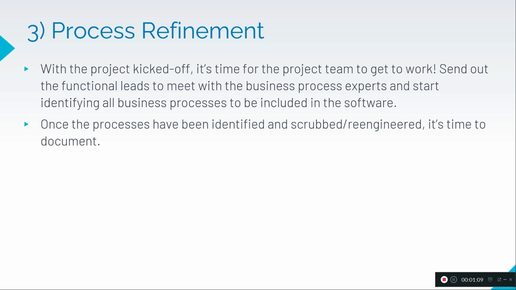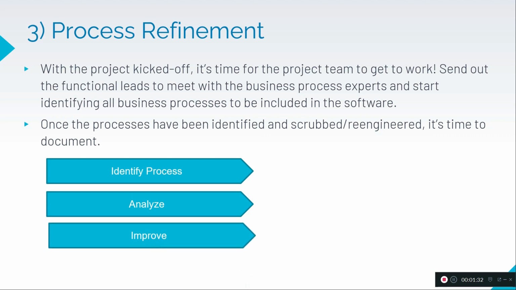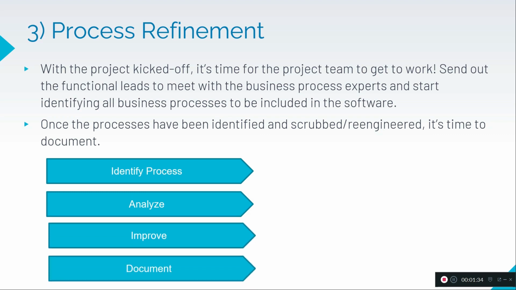We will have a product software document, and we need to create another document on what changes and customization are expected from the client to have the final product. So we need to identify the process, analyze, improve and document. This is the process redefinement in the product software which we are going to implement at the customer place.